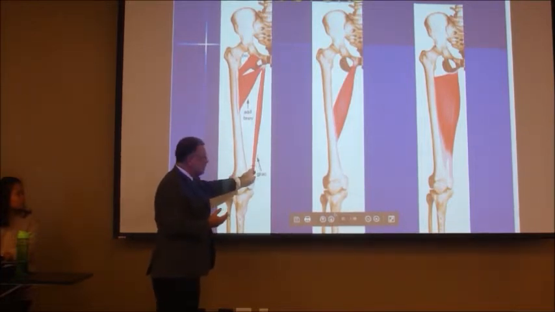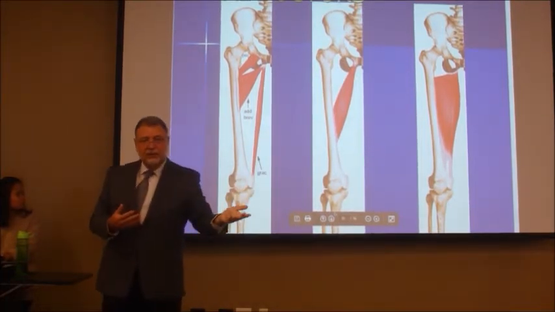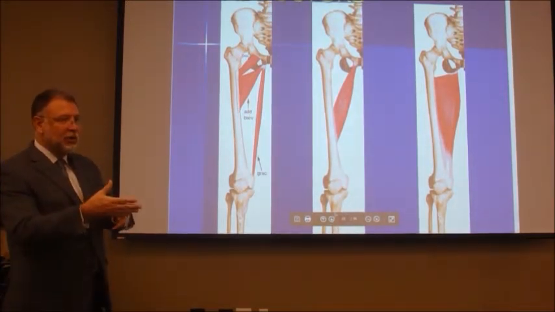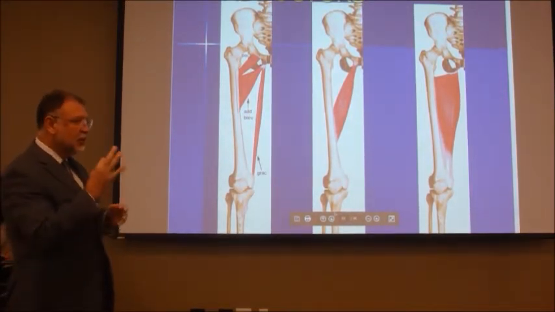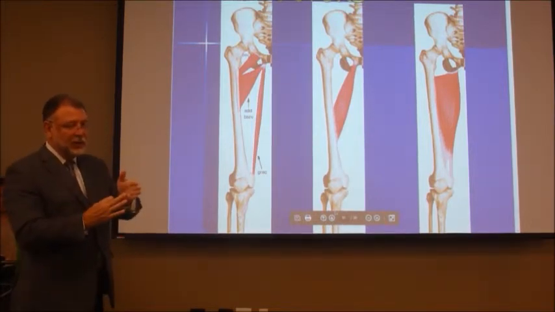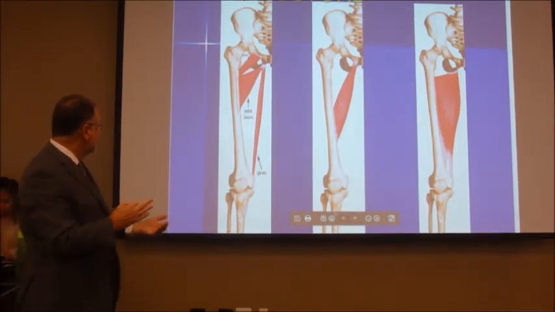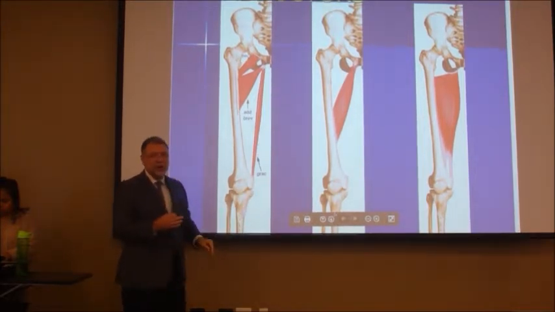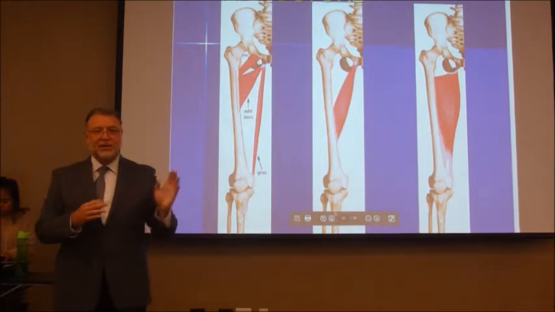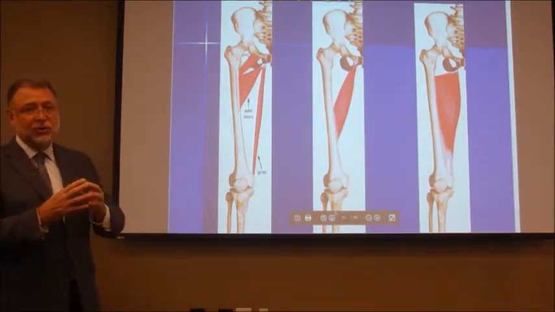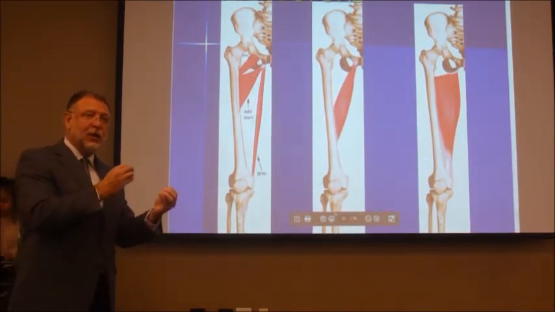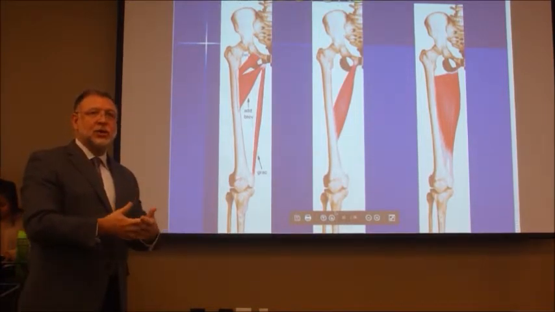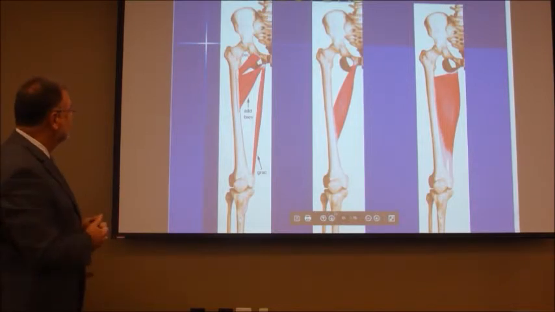That is also part of the pes anserina conjoint tendon, along with the sartorius and the semitendinosus. Those three muscles end up all the way down here at the pes anserina, and those structures are typically taken for reconstruction of the ACL when it's needed.